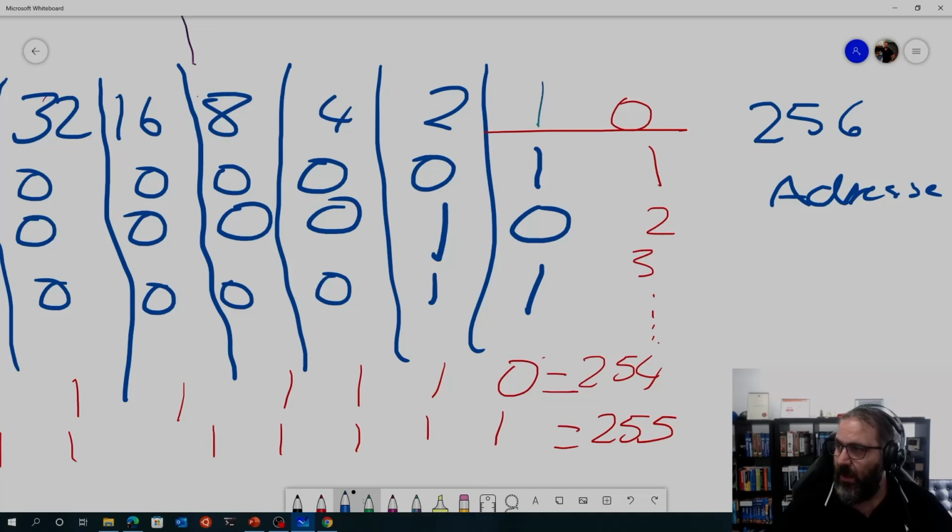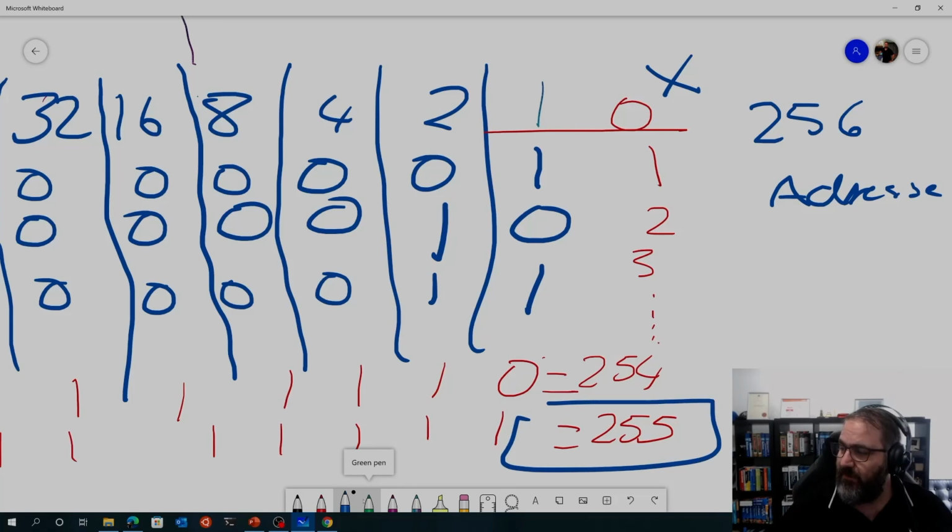I've already said that we can't use the 0 because the network is using it. It's taken. 255 is also taken. I cannot use that. It's not usable, and I'll tell you why in a second. The usable addresses are any address from 1 down to 254.